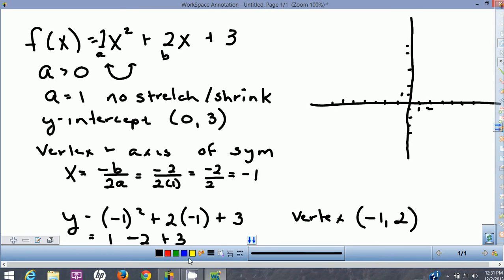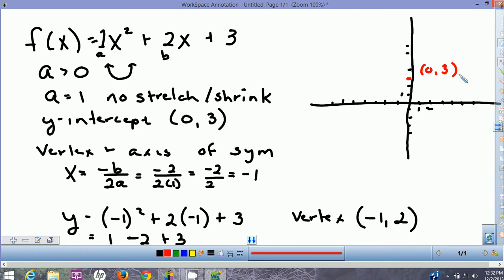And let's make this red to make it a little easier for us to see. All right, so what do we have? We know that the very first thing we found was that we have a y-intercept at 0, 3. So let's put in our y-intercept at 0, 3.